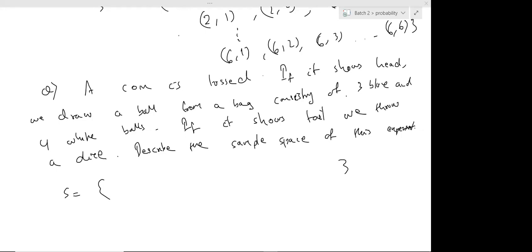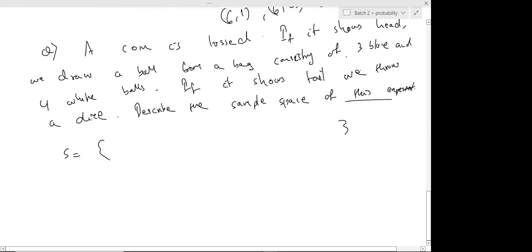All right, let's see. Here you are getting 13 elements. See, in that box, we have 3 blue and 4 white balls. So let's name them B1, B2, B3, and W1, W2, W3, and W4.